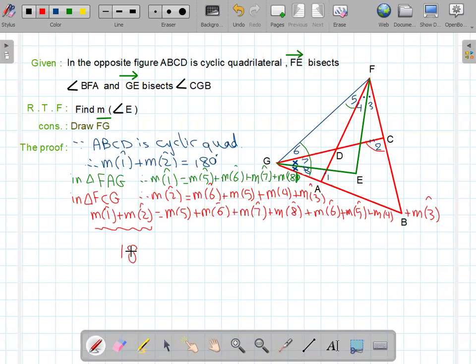Then this 180 degrees equals measure of 5 and measure of 5, then I can say 2 measure of 5, plus measure of 6 and measure of 6, we can say plus 2 measure of 6.